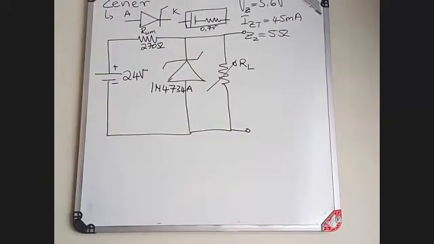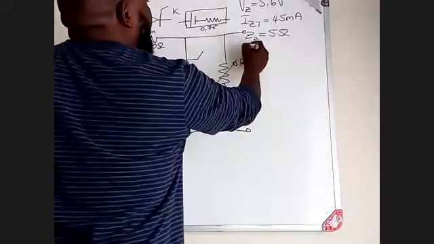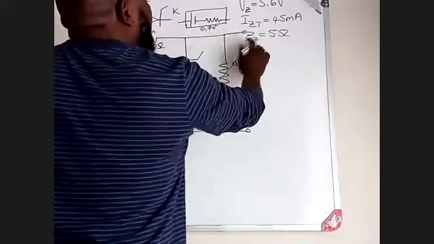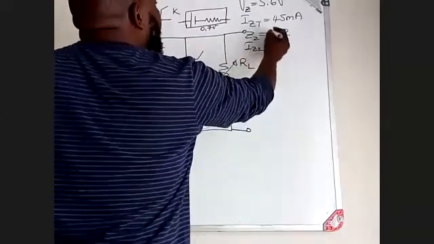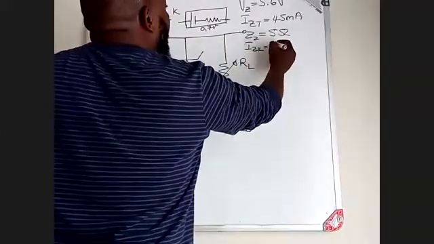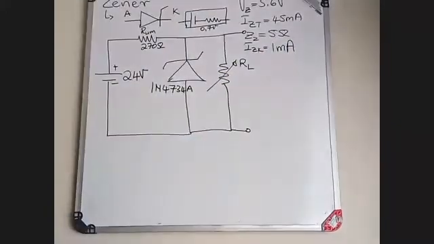Then your Zener knee current, IZK, in this case is going to be 1 milliamp.